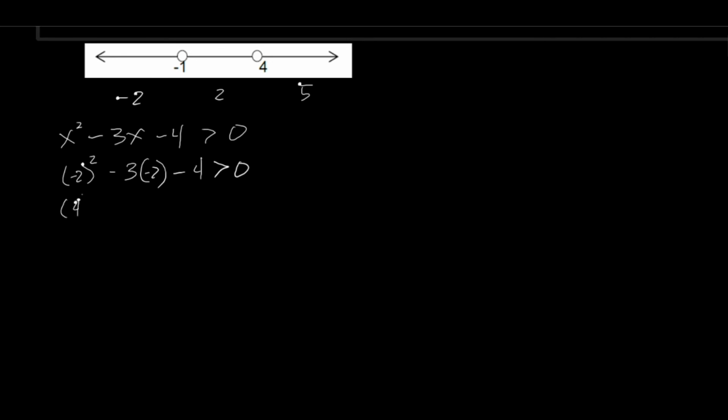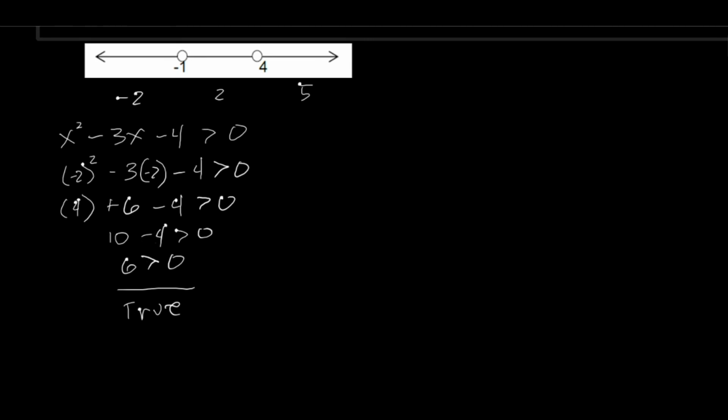Now, this will become positive 4. Then negative times negative will be positive 6 minus 4 is greater than 0. 4 plus 6 is 10 minus 4 is greater than 0, and 6 now is greater than 0. So meaning this is true. Meaning, si negative 2 ay part siya ng solution natin sa left side, starting sa negative 1, but remember, negative 1 is not included or part of the solution.